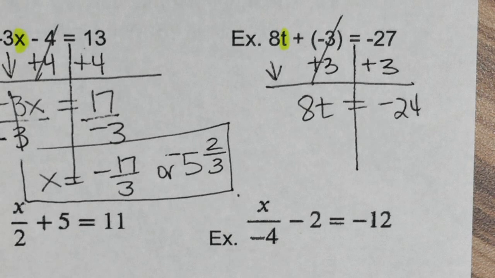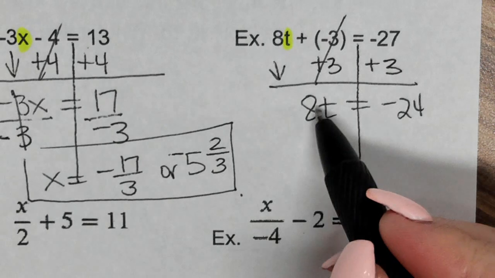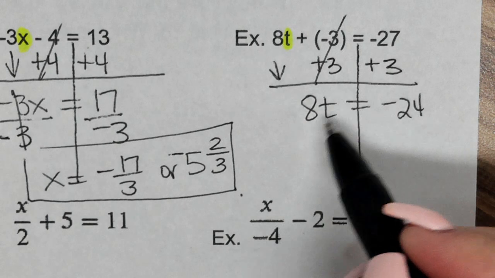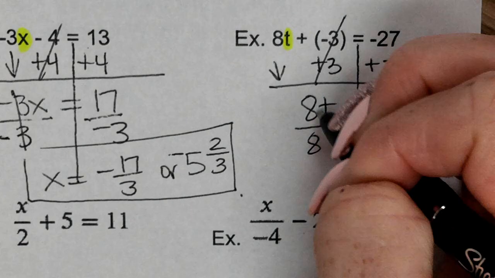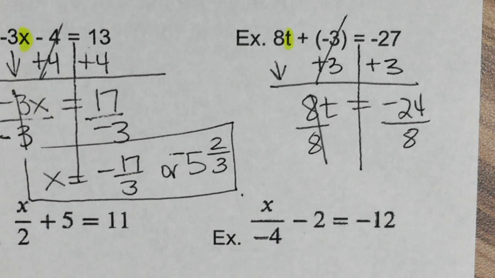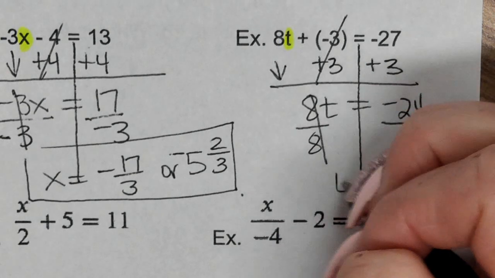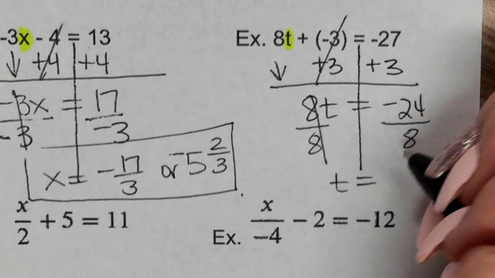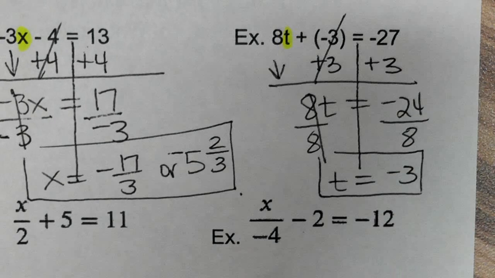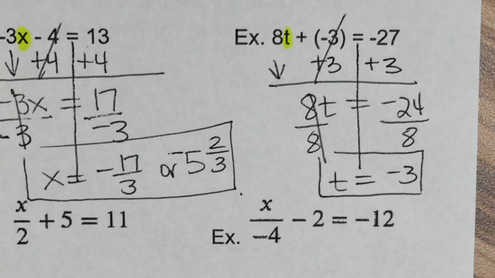No, I got to get rid of the what? 8. 8 is being multiplied by t. It's a coefficient. So to get rid of it, I'm going to divide by 8. That cancels out to 1. 8 divided by 8 is 1, and 1 times t is t equals negative 24 divided by 8 is negative 3.